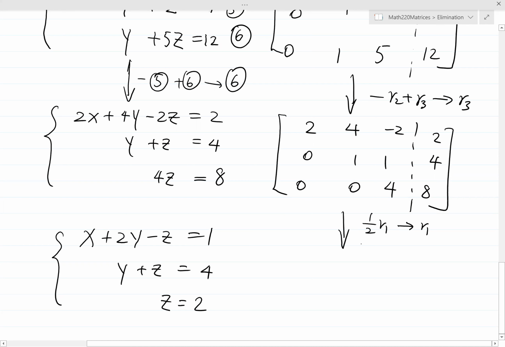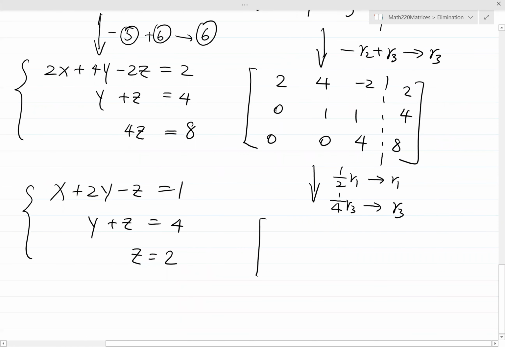Now also a quarter R3, replace R3. Now R2 is fixed. So finally we get 1, 2, negative 1, and then this will be 1. This we get a 0, 1, 1, 4. This we get a 0, 0, 4 divided by 4, so we get a 1. 8 divided by 4, so we get a 2.